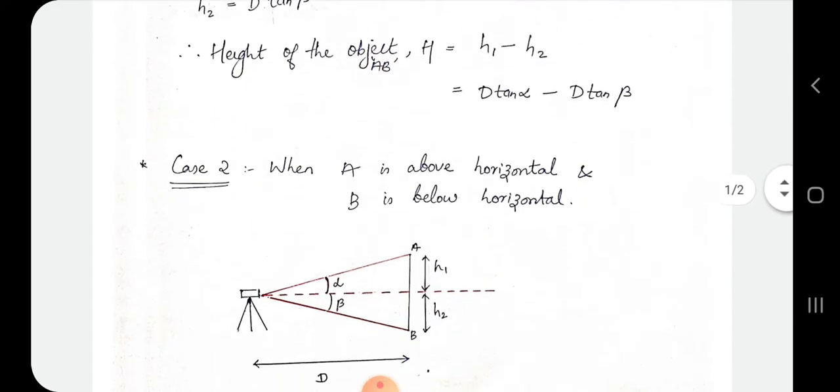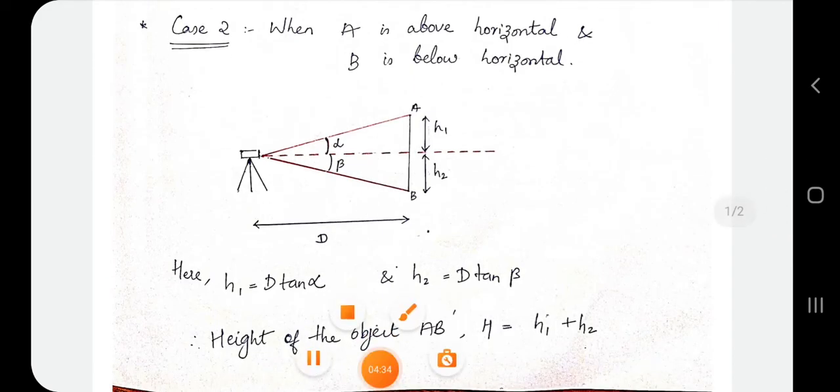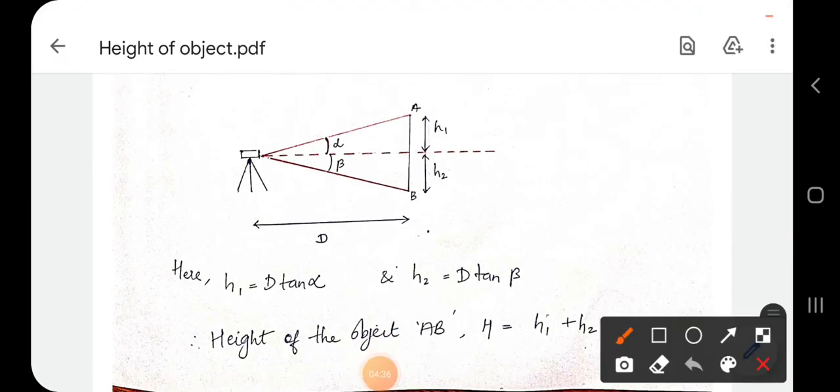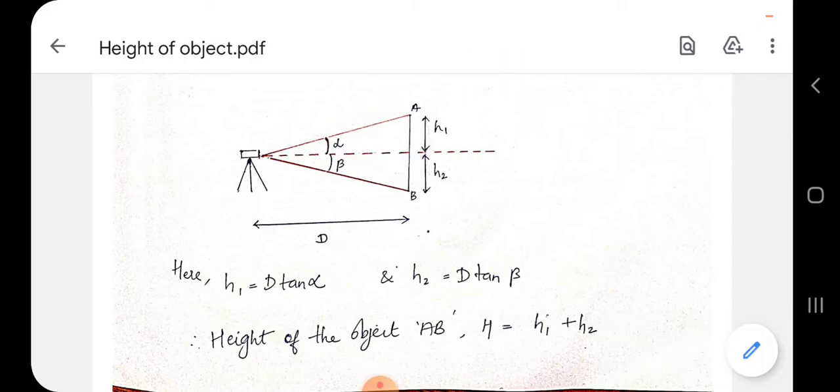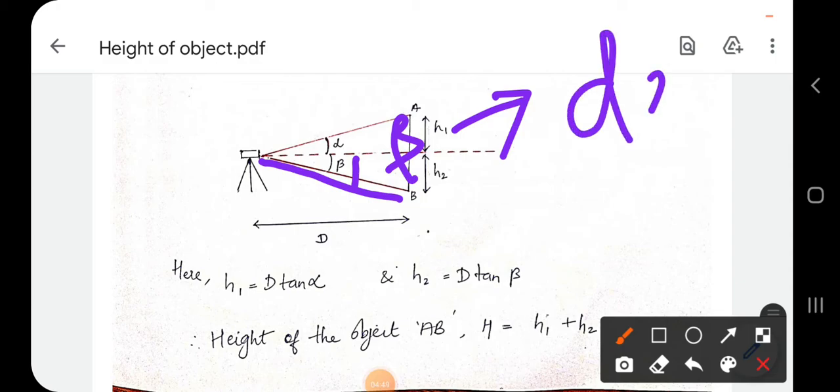Now the second case, that is when the point A is above the horizontal and B is below the horizontal. In other words, the point A, the top end of the object, is above the horizontal line and the bottom end of the object is below the horizontal line. The angle measured to the top is alpha, that is an angle of elevation, and the vertical angle measured towards the bottom end is beta, and that is an angle of depression.